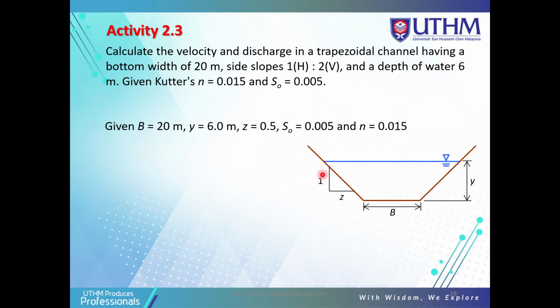So if 2 is vertical here, and the horizontal is 1, we know that 1 over z is equal to 1 over 2, because 1 is horizontal here. Sorry.